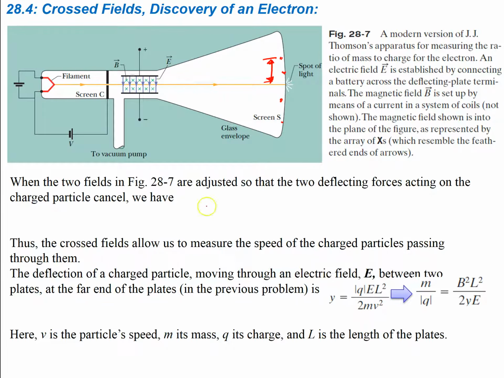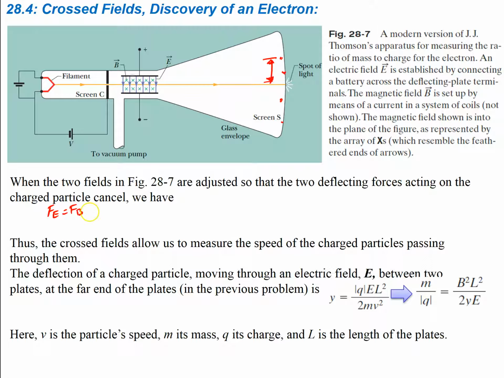So when the two fields are adjusted so that they cancel each other out, you can develop a relationship between these two forces. If the forces are equal to each other, we can say that our electric field force is equal to our magnetic field force. We can relate those two equations.